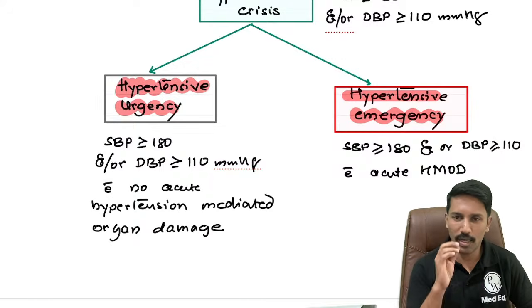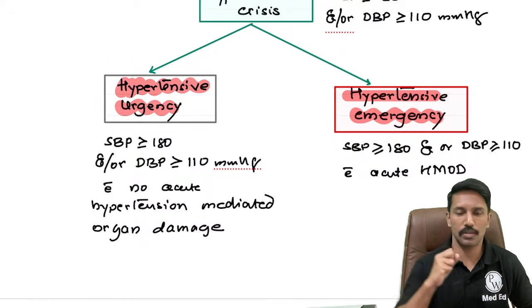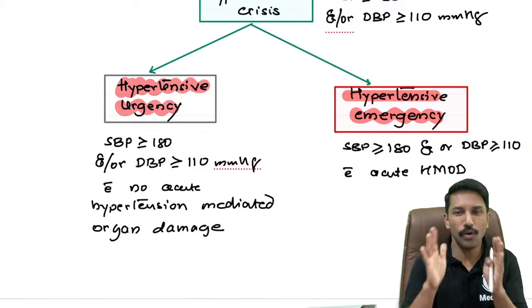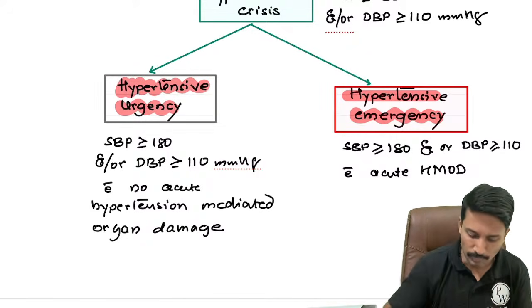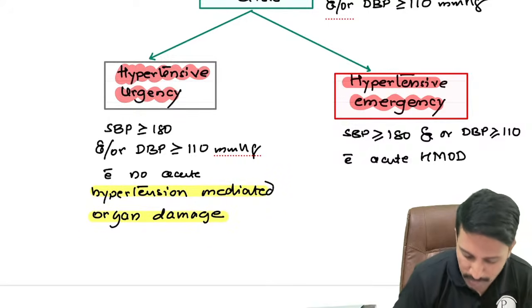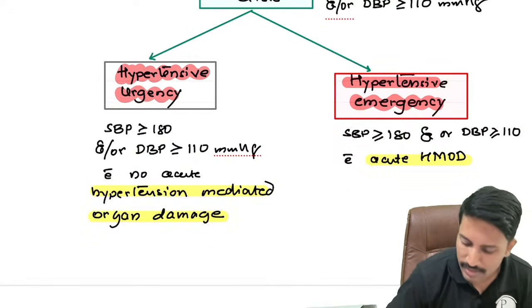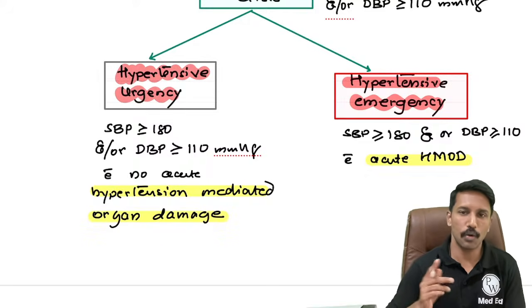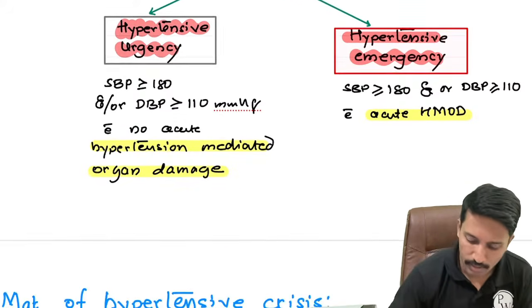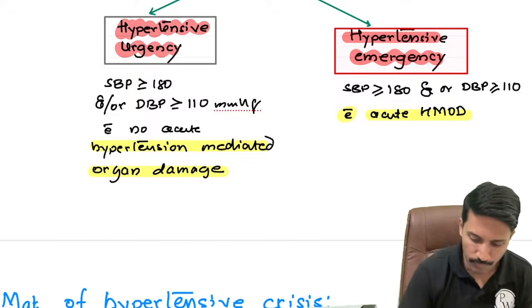Means there is no hypertension mediated acute retinopathy, acute heart failure, or acute stroke, no hypertension mediated organ damage. So even if BP is elevated but organs are not damaged, we will call it urgency. But if the acute damage to organs has happened, then we will call it emergency, right? With damage, it is emergency. Without damage, it is urgency.